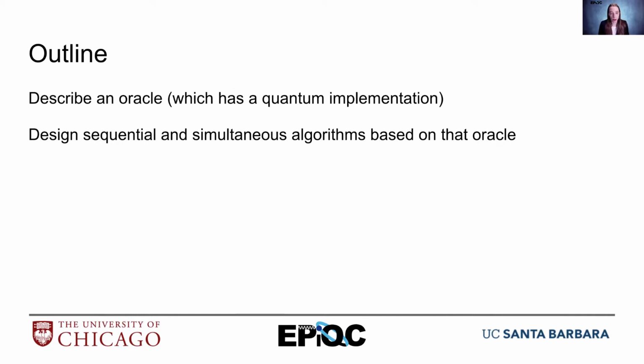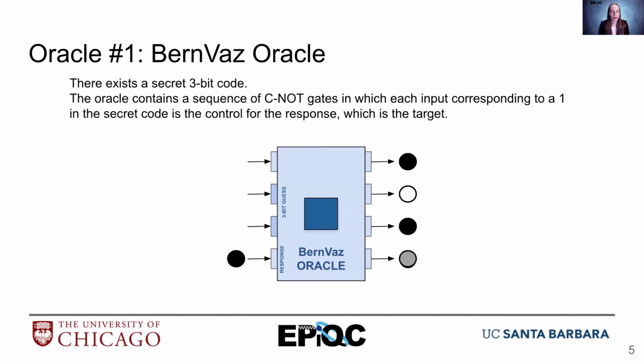I'm going to describe an oracle and then design the sequential and then the simultaneous algorithm based on that oracle. The idea is that a classical computer would be forced to do a sequential algorithm. But with quantum properties, we can do a simultaneous algorithm that goes faster. But again, only in these limited circumstances. Okay? So you can think of these as proofs of concept of what quantum calculations might be able to do.